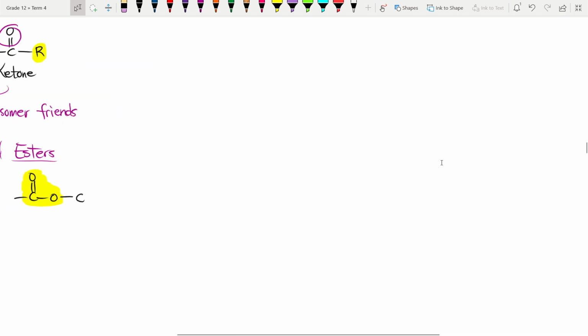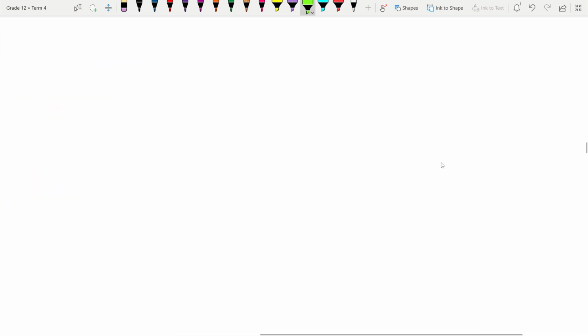Anyone who remembers what a primary alcohol looks like? It's bonded to one carbon, so it'll be at the end. Okay, yep, that is correct. On the other side, it's just the chain continuing.